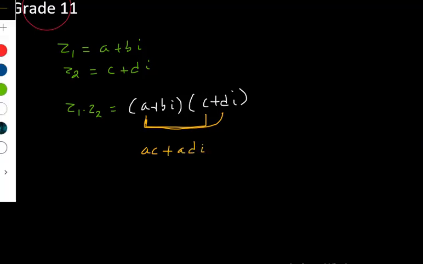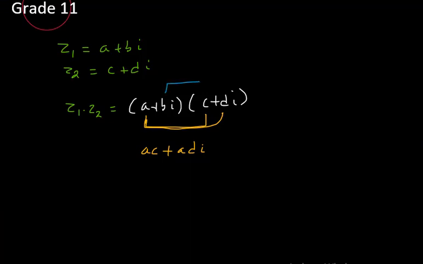Let's do the same thing for bi. So b times c is bci, and b times di is plus bd times i squared. This is maybe the difference from real numbers.